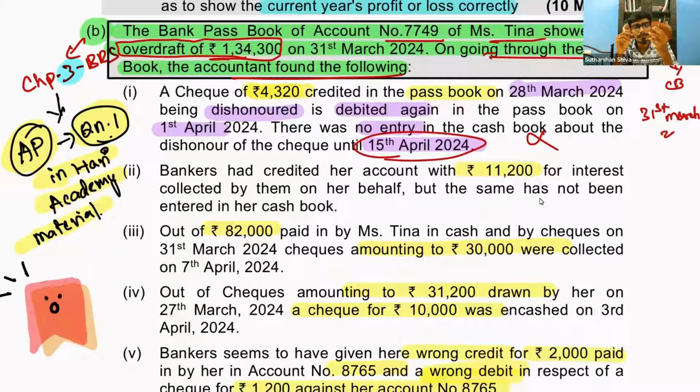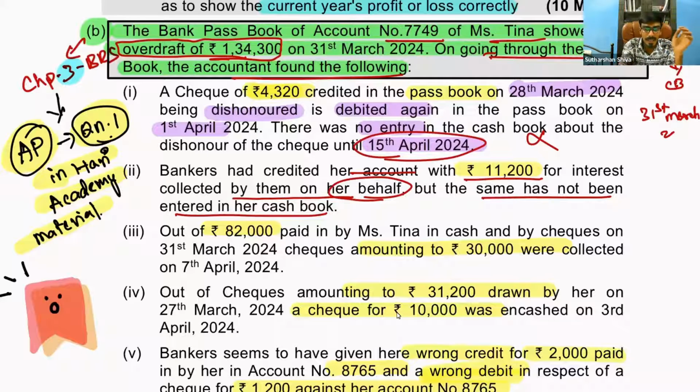Next, the bankers had credited the account with 11,200 for interest collected by them on her behalf, but the same has not been entered in the cash book. Okay, see what is there? The entry is not in the cash book. So they have not yet passed the entry in the cash book, so we need to pass it. At the time we can do it with that value. This is a one-way calculation.